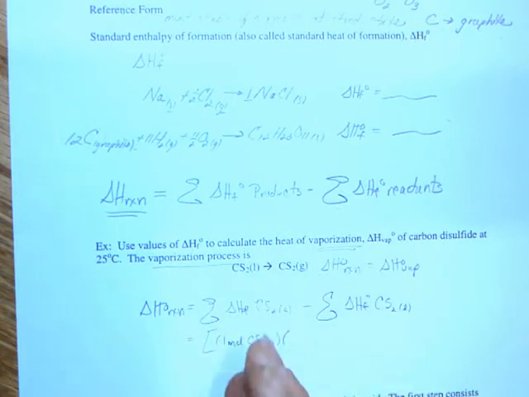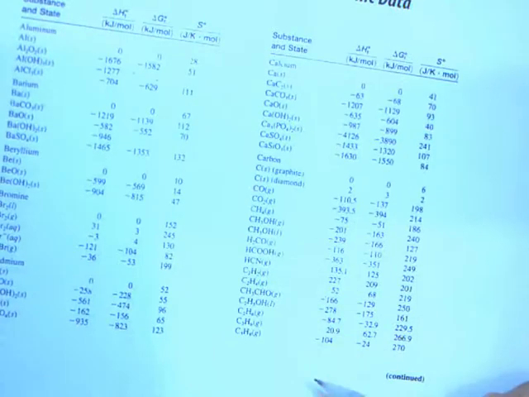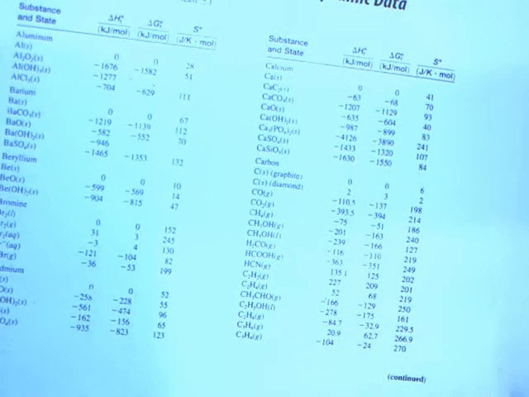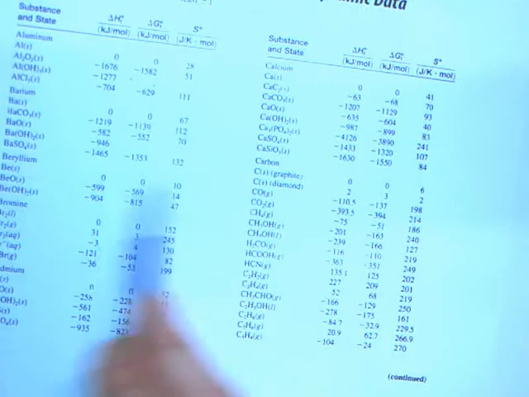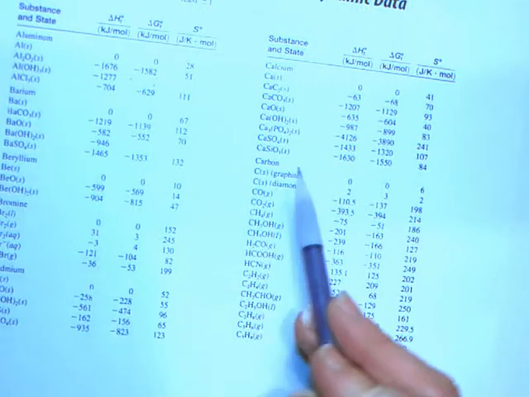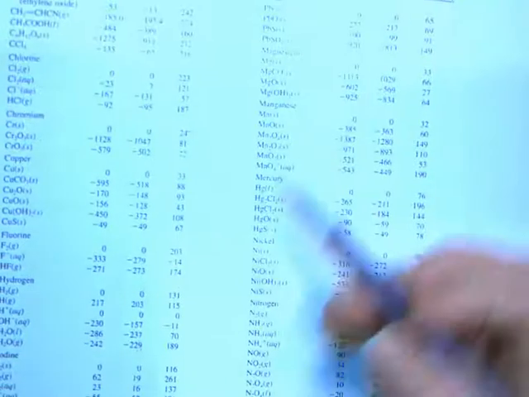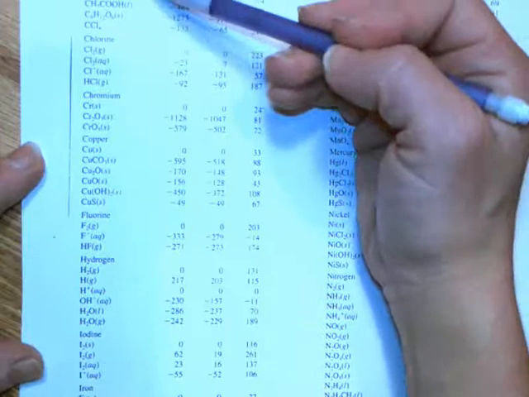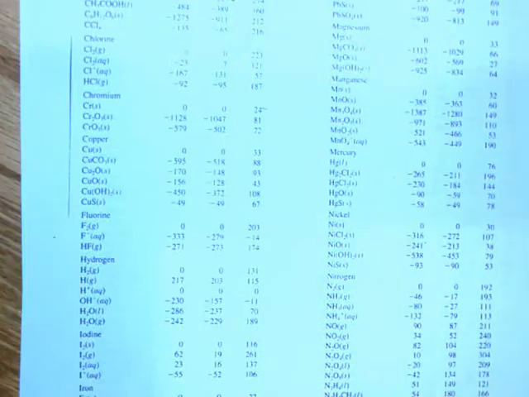And we want to look under the category in which we find our elements or our compounds. So for carbon disulfide, I first would find carbon and see if I can find it, nope, so it must be under sulfur.